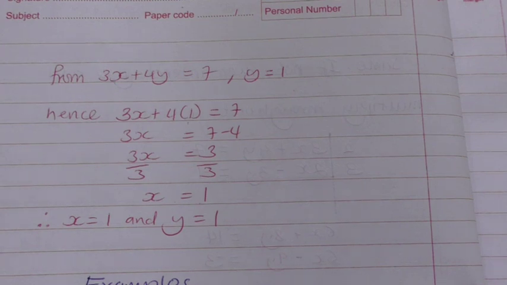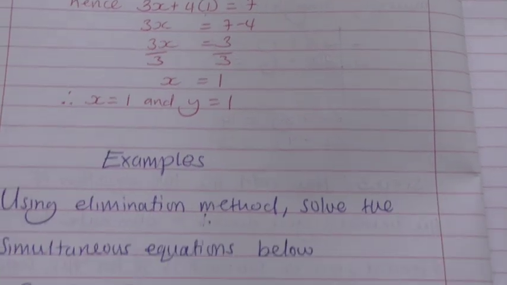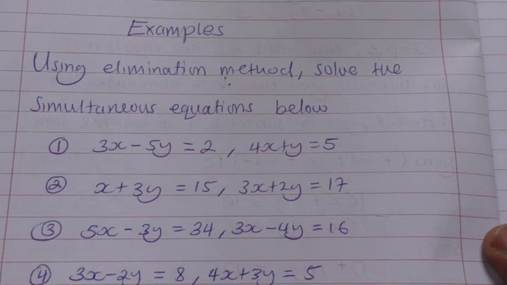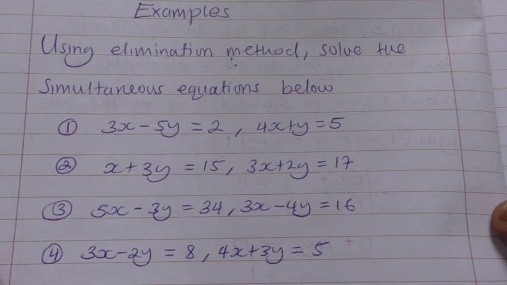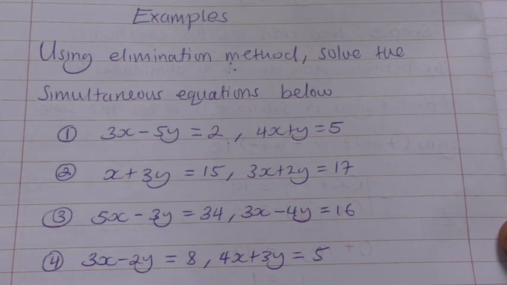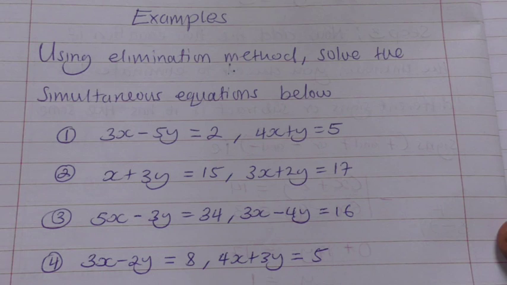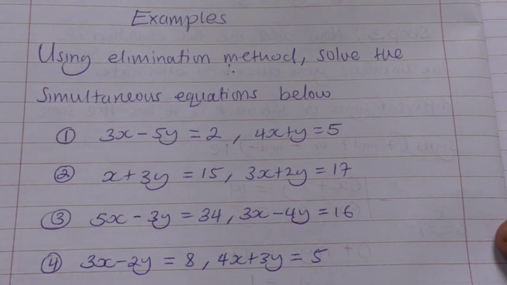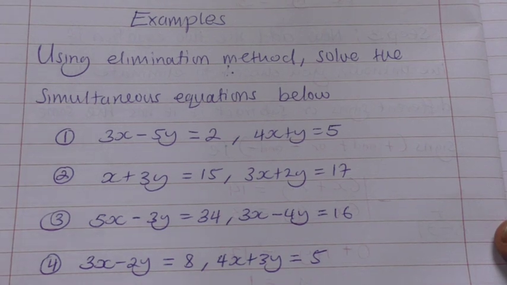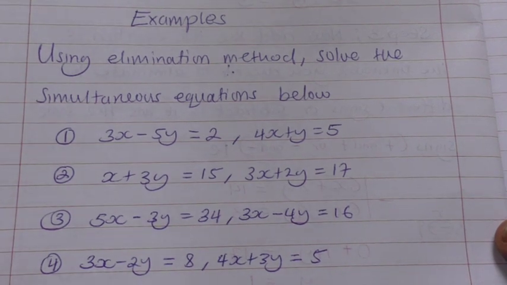So my humble request is you also try out these ones using the 4 steps I've elaborated very well. And please, I'll be very thankful if you comment with your answers. Otherwise, that has been solution by elimination.